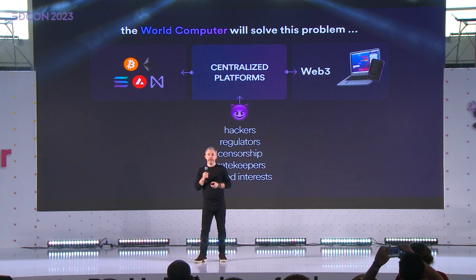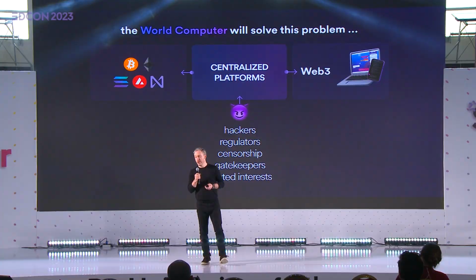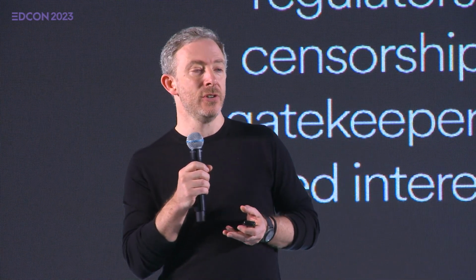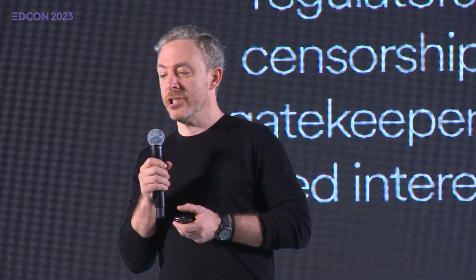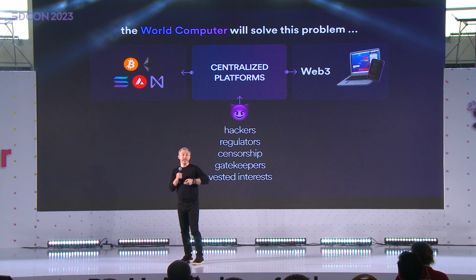So the objective of the Internet Computer project and the Dfinity Foundation generally is to solve this fundamental problem where Web3 still primarily runs on centralized technology. And that's where hackers head, regulators head, censors head, gatekeepers head, vested interests head. And generally, the continued use of centralized technology is at the root of most of the problems that occur.